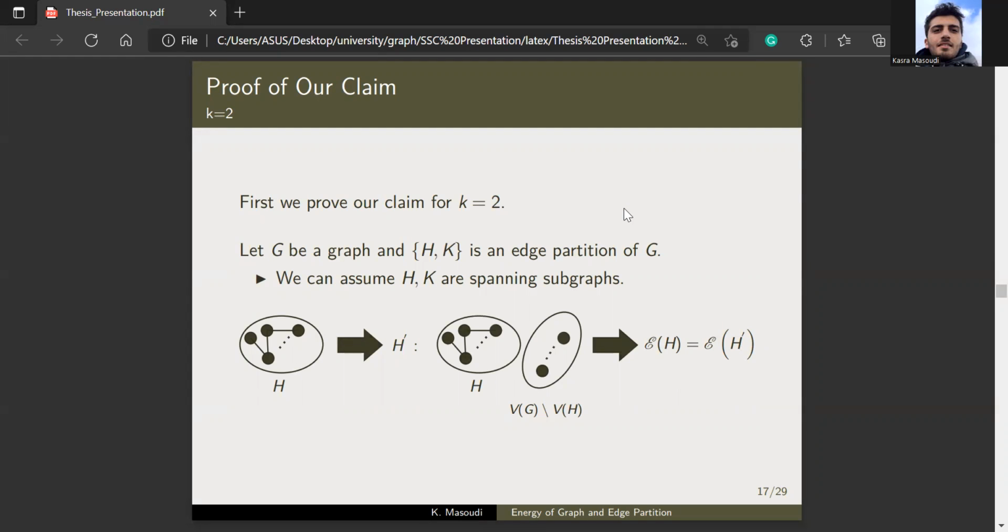It is easy to see that by adding the other vertices of G with zero degree to subgraph H, we will have a spanning graph H prime. And the energy of H is equal to the energy of H prime.